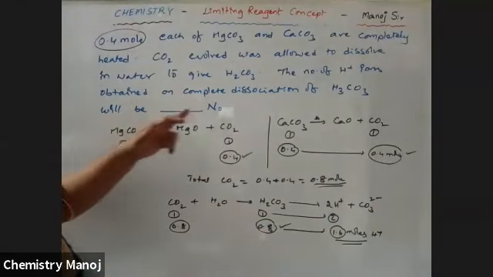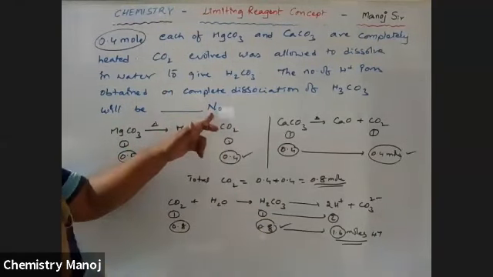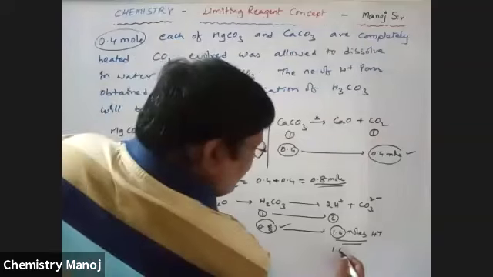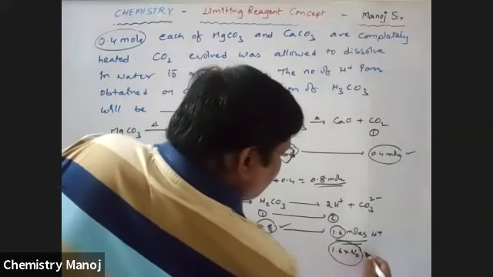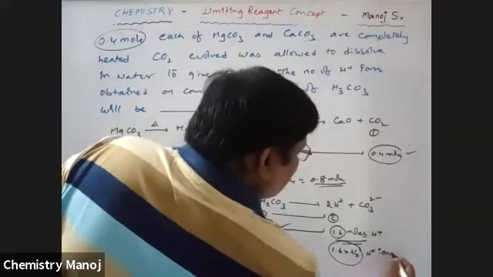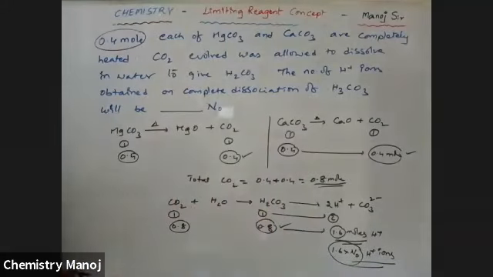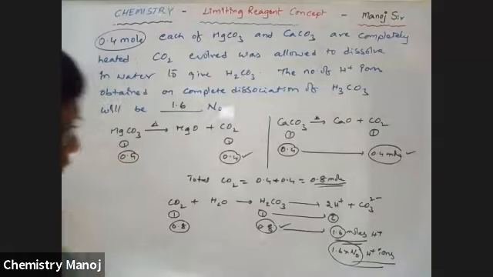But we want the number of ions, that is 1.6 into N0 H plus ions. Small n into capital N is the number of particles. So the answer is 1.6 N0. Next one.